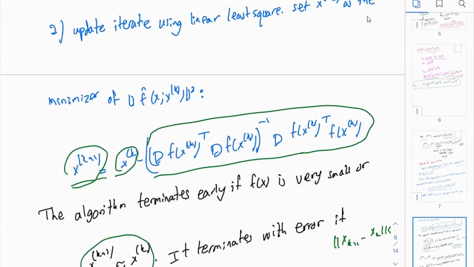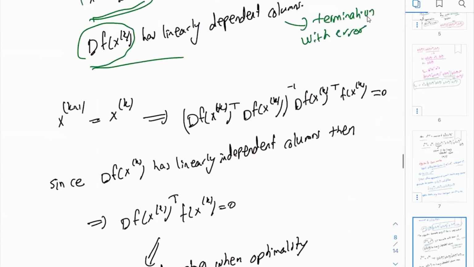But at the same time, assume the algorithm is not terminating with error, meaning that the D matrix has linearly independent columns. We proved that in the past: if this matrix has linearly independent columns, then this Gram matrix is square and therefore it is invertible. So this is fine.